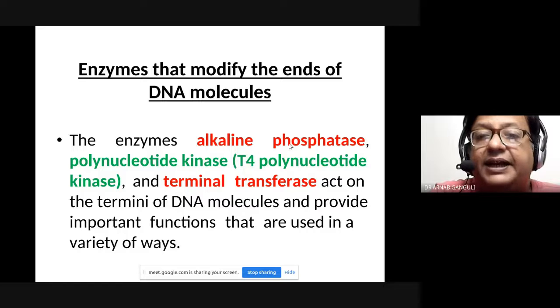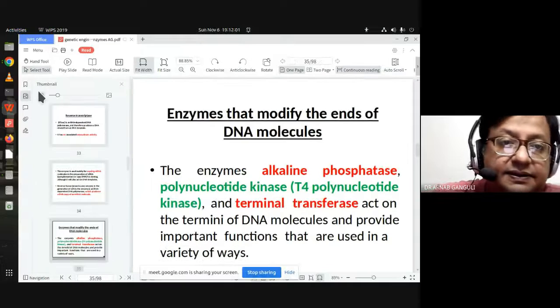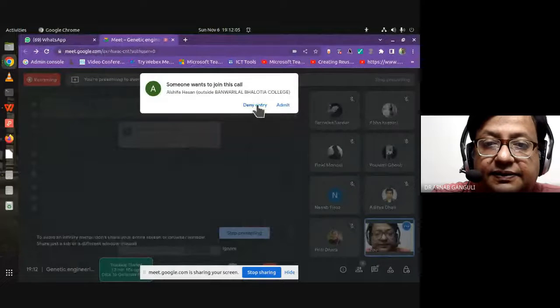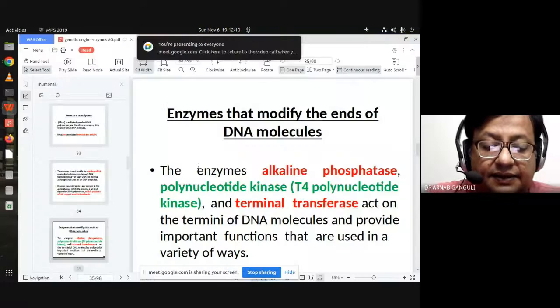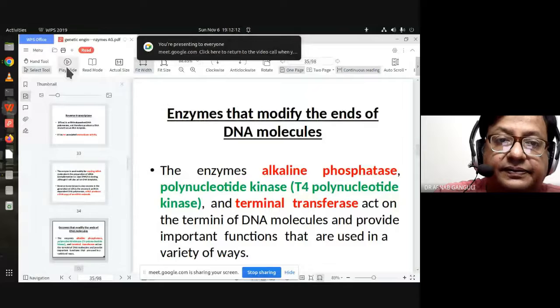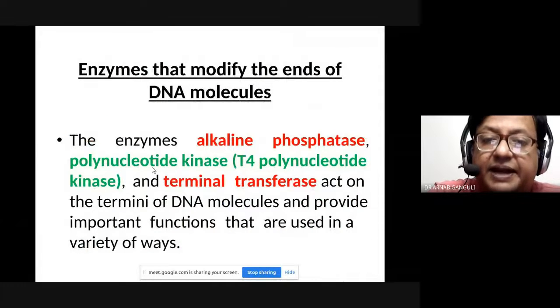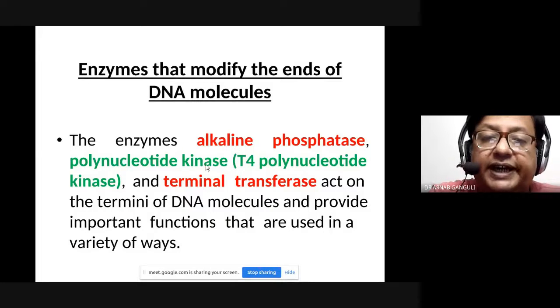There is the enzyme alkaline phosphatase. Then polynucleotide kinase, specifically T4 polynucleotide kinase.